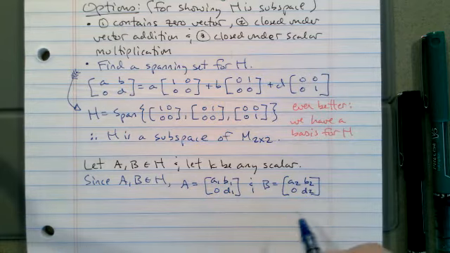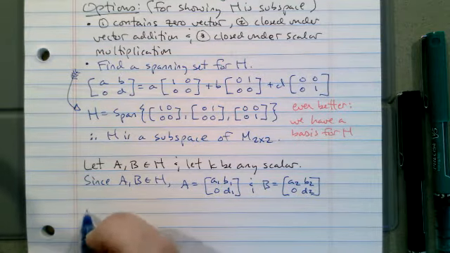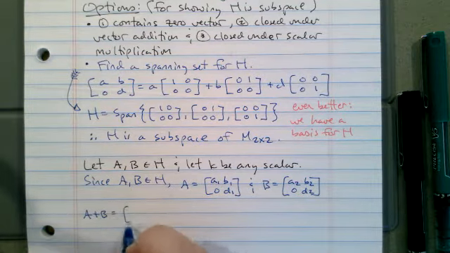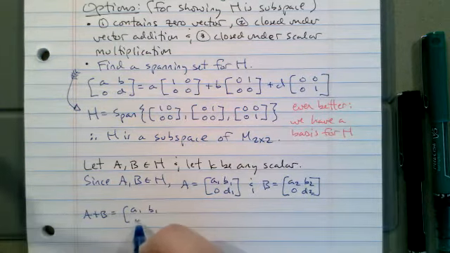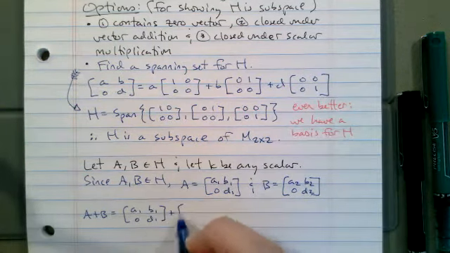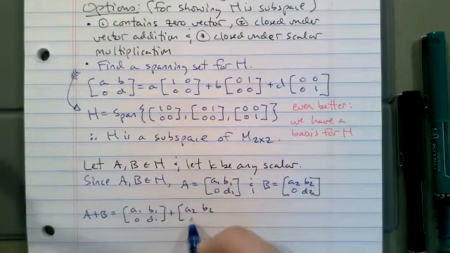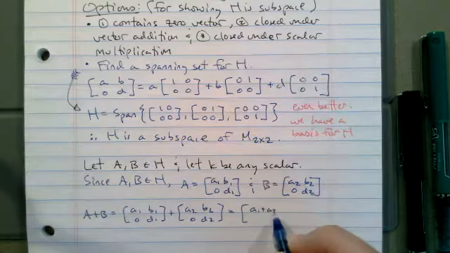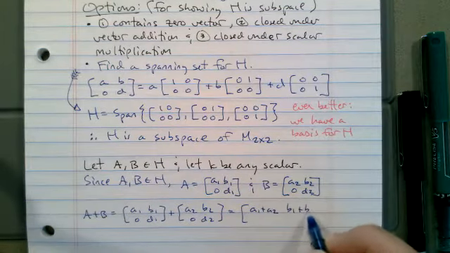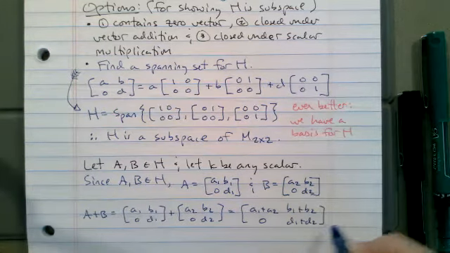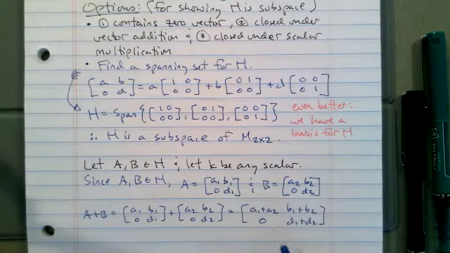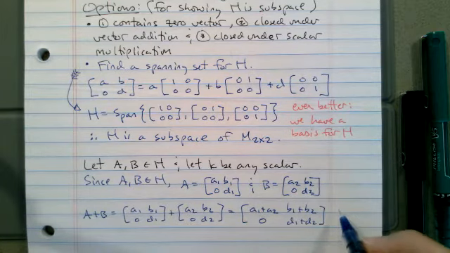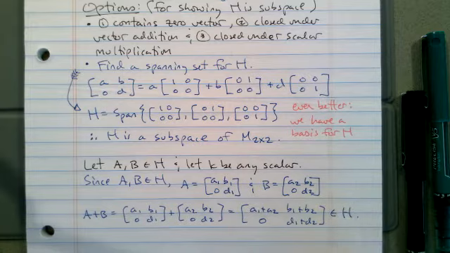So if I look at A plus B, I get a1, b1, 0, d1, plus a2, b2, 0, d2. I end up with a1 plus a2, b1 plus b2, 0, d1 plus d2. And so we can see that since A plus B has a 0 in the second row first column, this is an element of H as well.